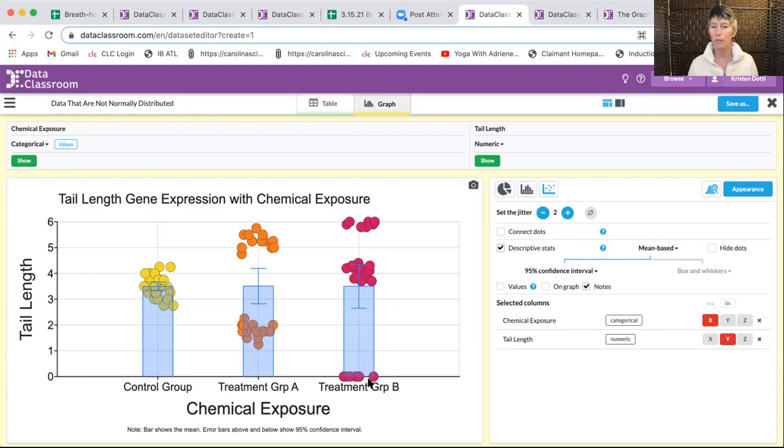And so those mice without tails obviously have had some impact on the gene expression of tail length, whereas the other mice either had a tail length of normal size that we see in the control group, or much longer tail gene expression. So a gene that was turned on or knocked out. So with this particular group, it would also be incorrect to assume that the chemical exposure had no effect on the gene for tail expression.